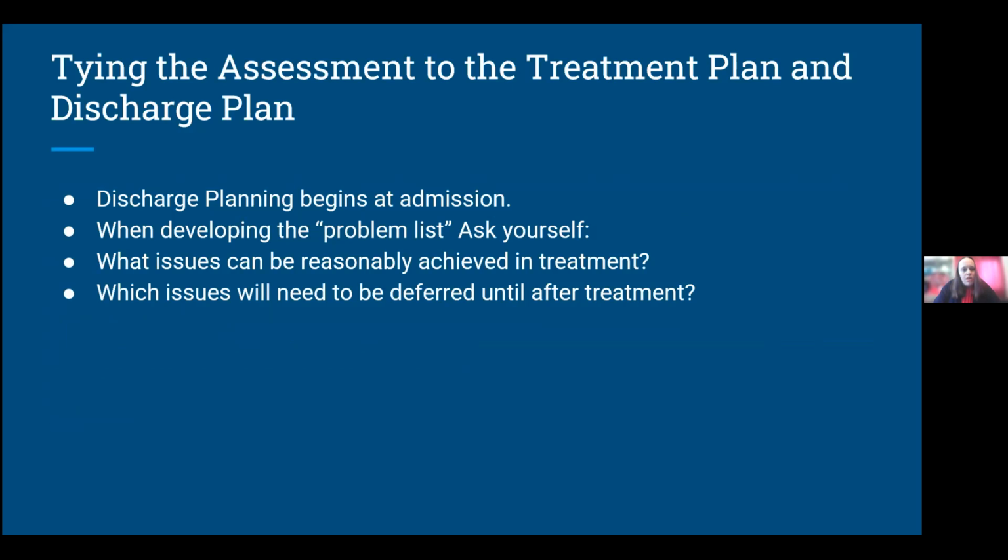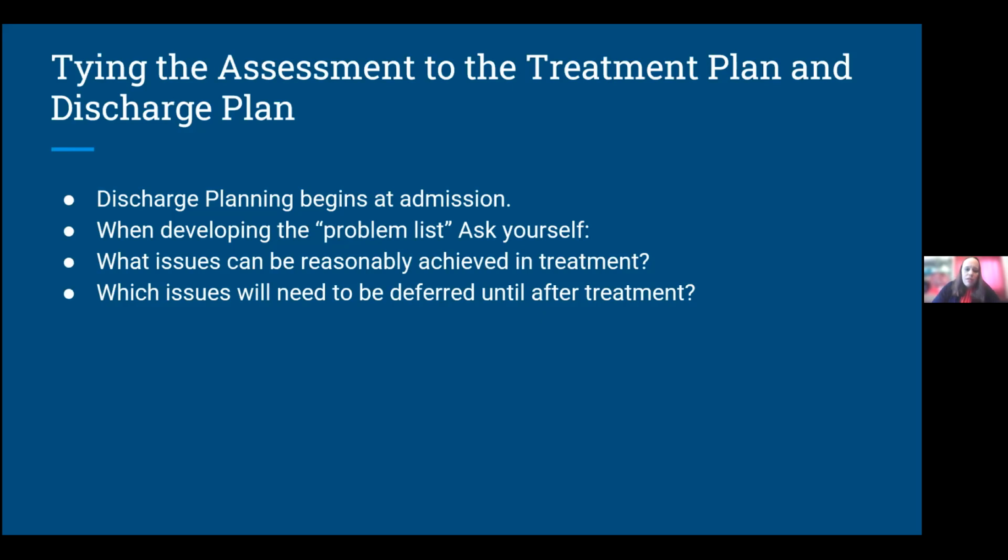So discharge planning is the same concept. There's going to be specific rules and regulations about discharge planning. And that is also interrelated and part of the golden thread in treatment. So when you are doing your assessment and you are coming up with your problem list, you want to ask yourself, what issues can be reasonably achieved in treatment?